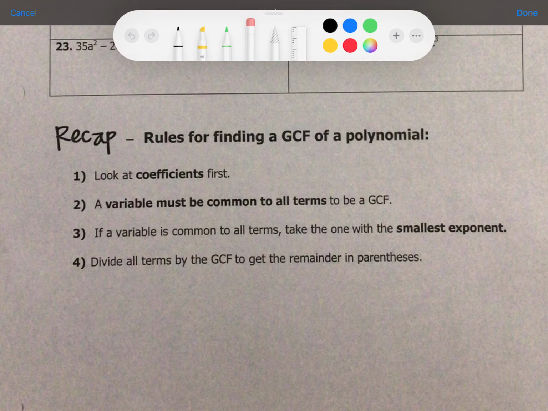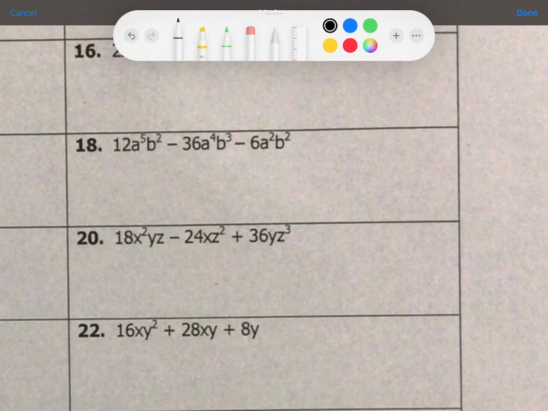You always want to look at those coefficients first. And then you want to see if there's a variable with all those terms. And if you do, you want to take out the smallest exponent variable. Once you've determined your GCF, you're going to divide all terms by that GCF to get the remainder in the parentheses. So let's take a look at one of these trinomial problems.